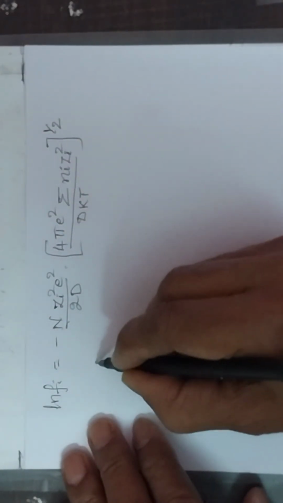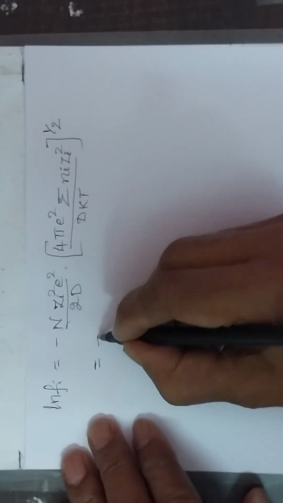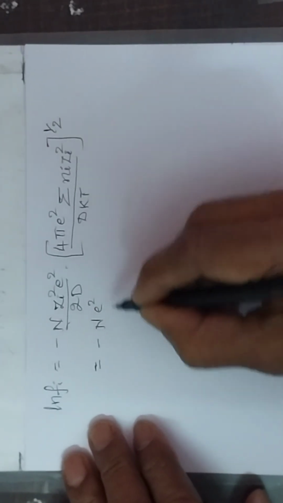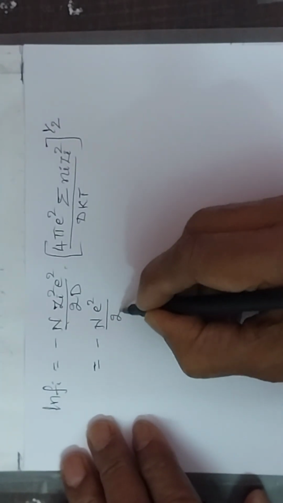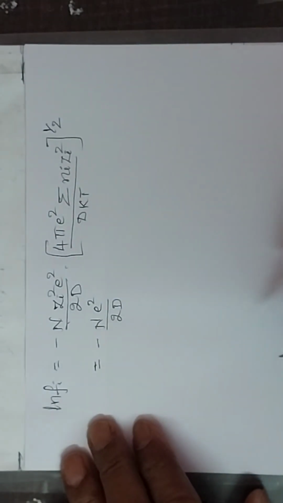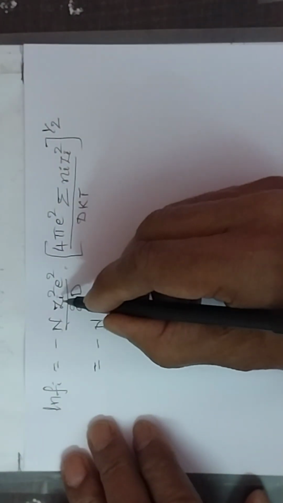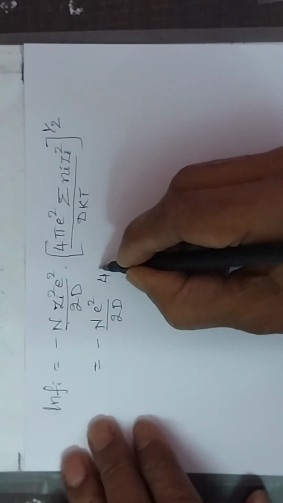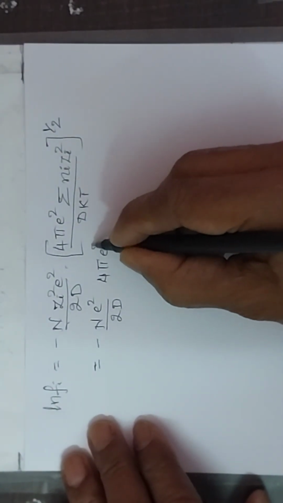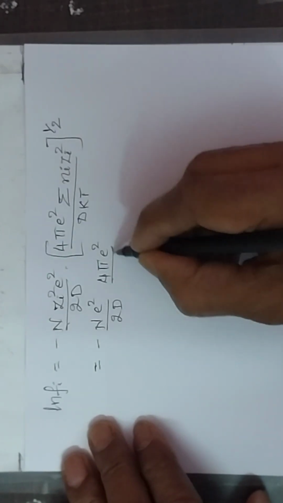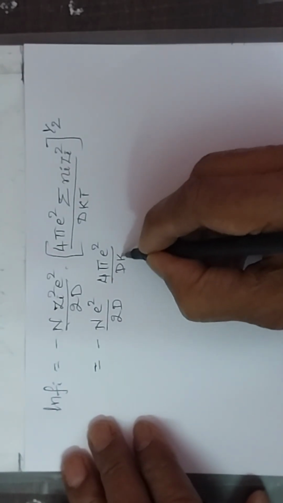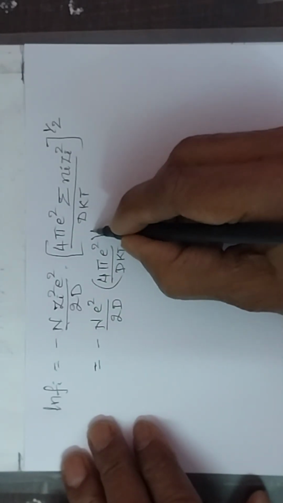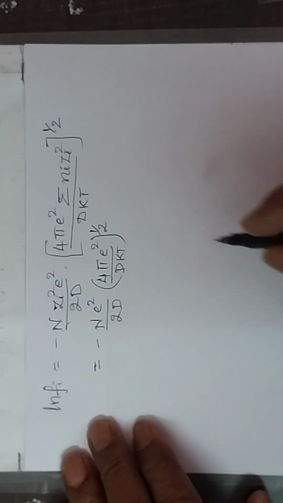This equation can be rearranged as minus N e square divided by 2D, then we want to take D at last, then we may write [4 pi e square divided by D k T] raised to half.